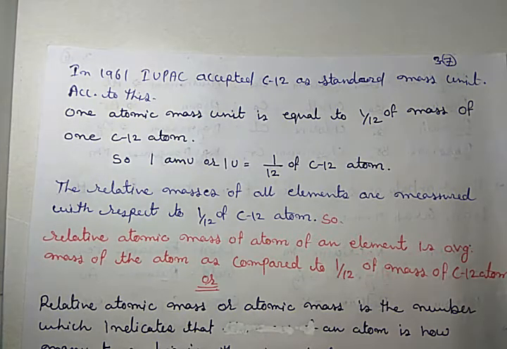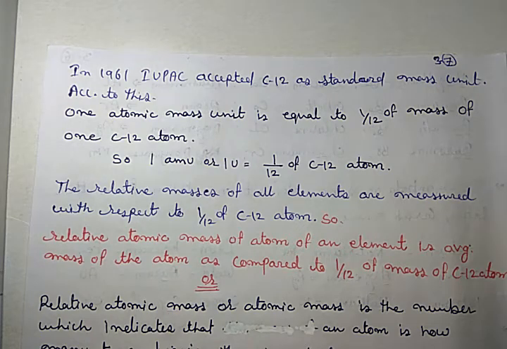So 1 upon 12th of C12 is now considered the standard unit to measure mass, and the masses of other elements are derived, or measured, using 1 upon 12th of the C12 atom.